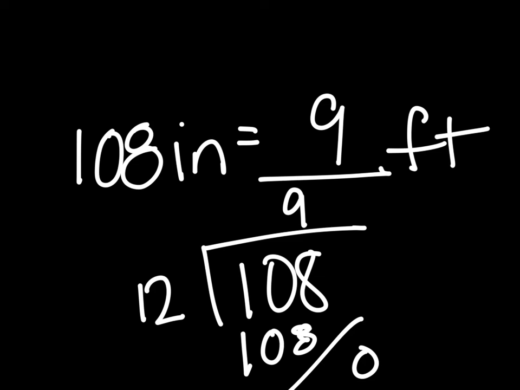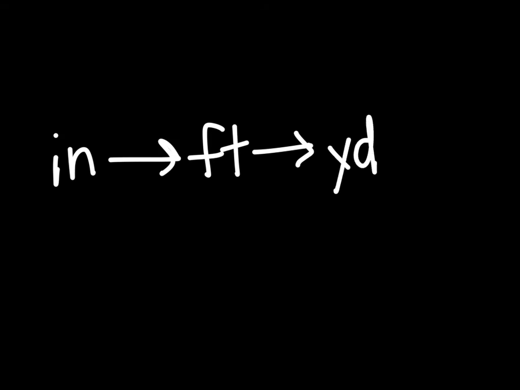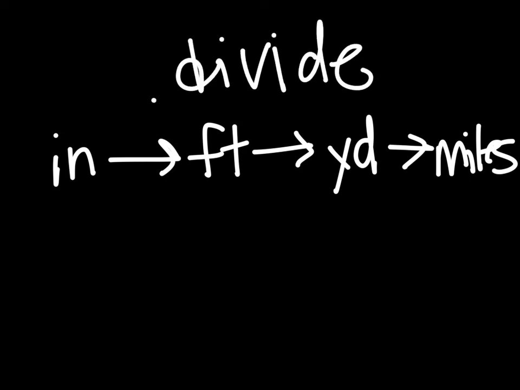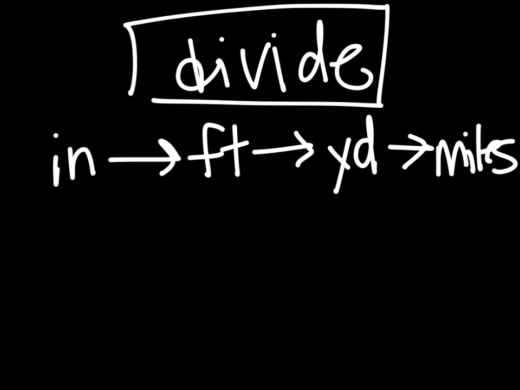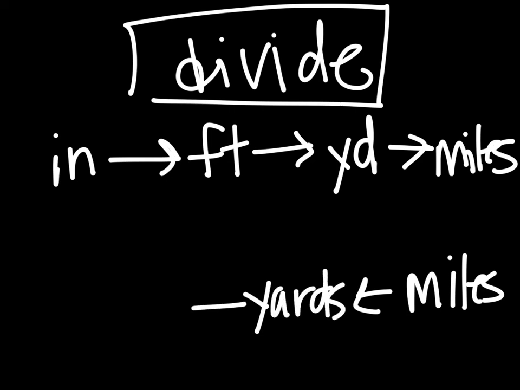So as I go from inches to feet to yards to miles, we're going to divide. Okay? Divide to get bigger. And if you're going the opposite direction, which would be miles to yards to feet to inches, you're going to multiply.